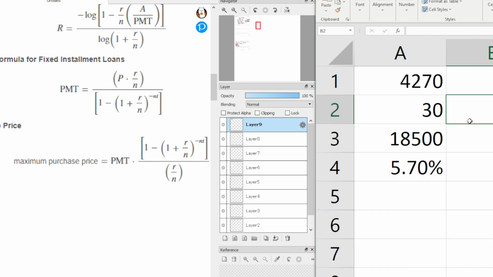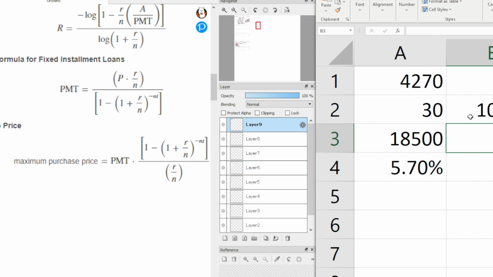So in this box, I will do equals A1 to reference the 4,270, and then we'll multiply it by B1, and that will give us our monthly payments. It's a quarter of our take-home pay.